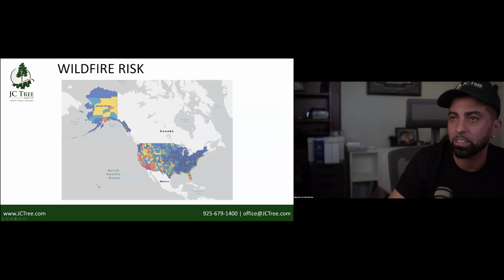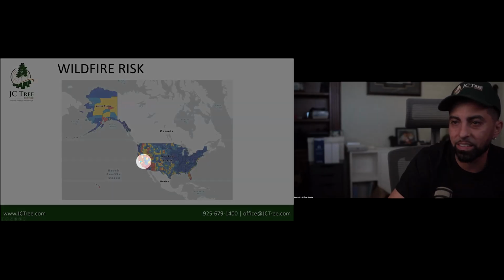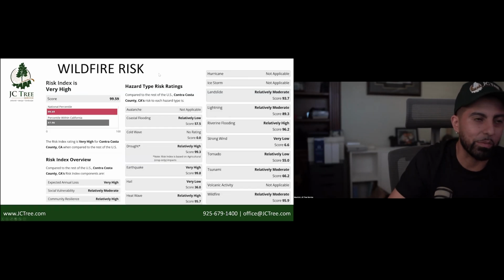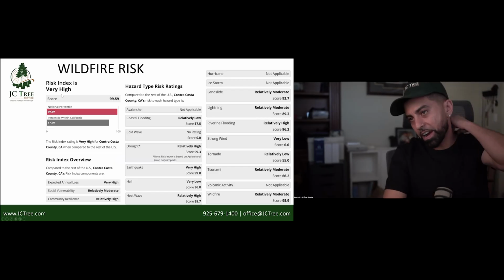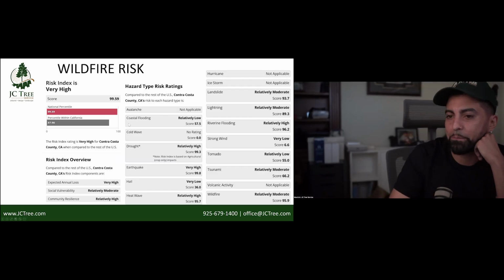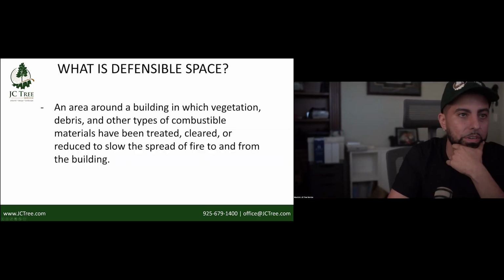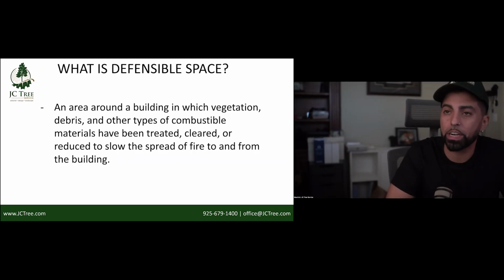But wildfire risk is definitely a factor. You can see we're in the red. We score very high in Contra Costa County for fire risk. So if someone gets a non-renewal, it is a great referral for us.